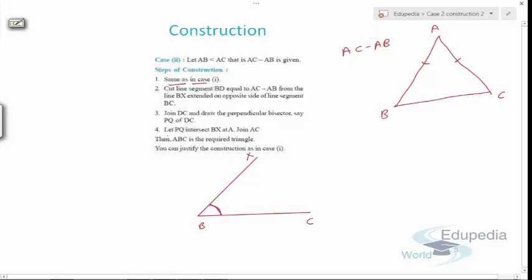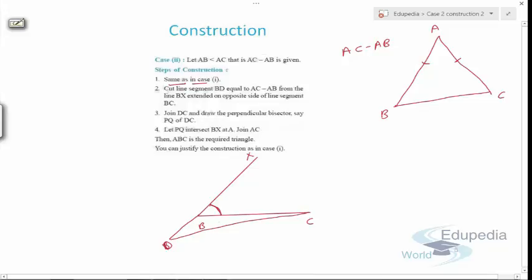Then we need to cut BD in the opposite direction of BX like this, right? So let's say this is BD. Then we join DC like this.